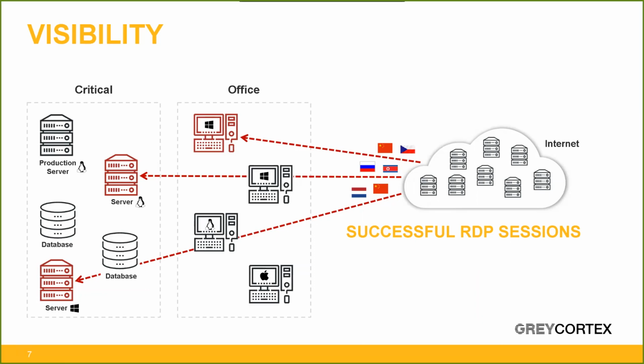For example, if you'd like to know who is connecting by remote desktop to your offices or your servers, it's very easy to find out this information from the network traffic. I will show you a few examples a couple of slides back.